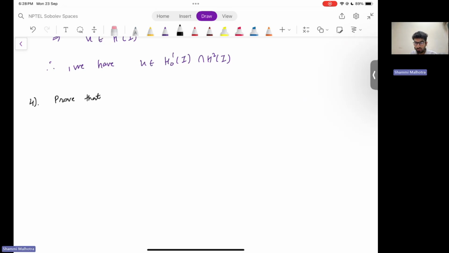We have the trivial solution, like when my f is 0. So we are interested in getting the unique or non-trivial solution whenever my f is 0.